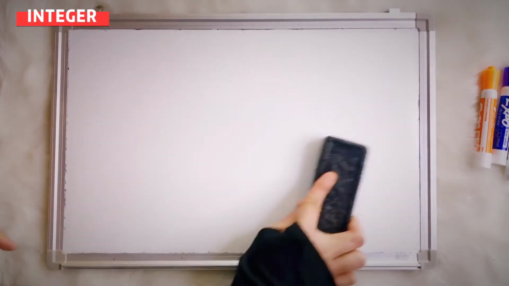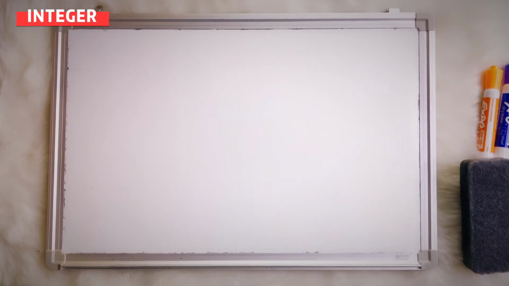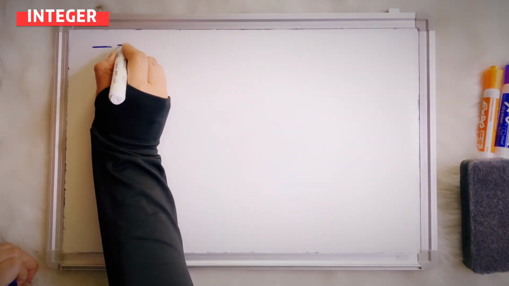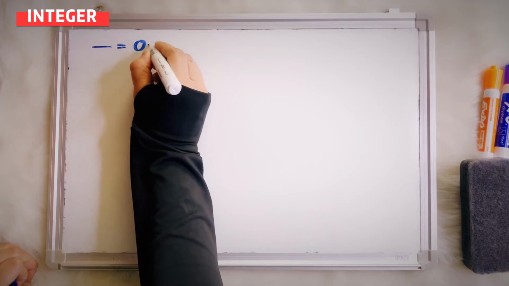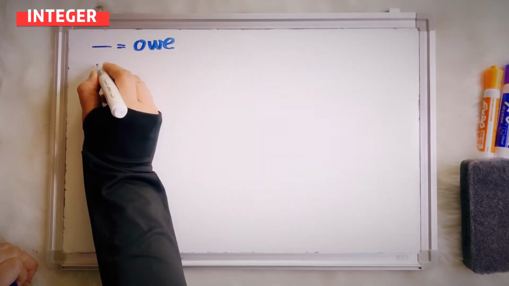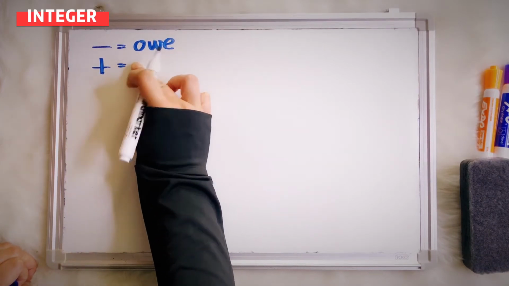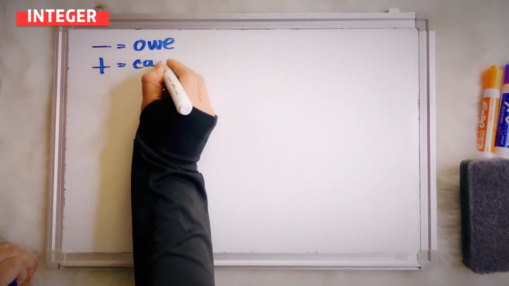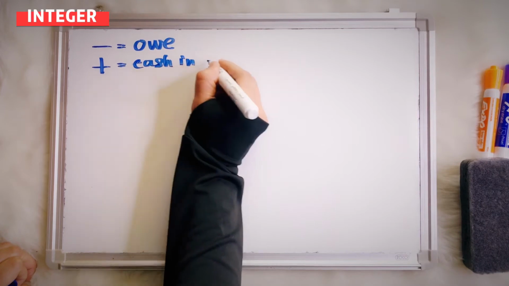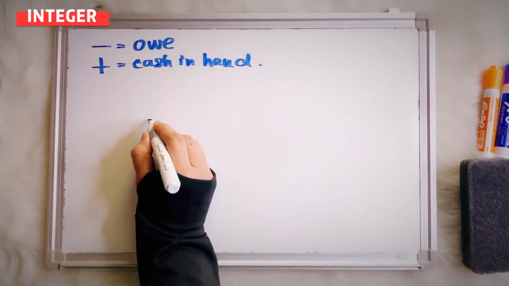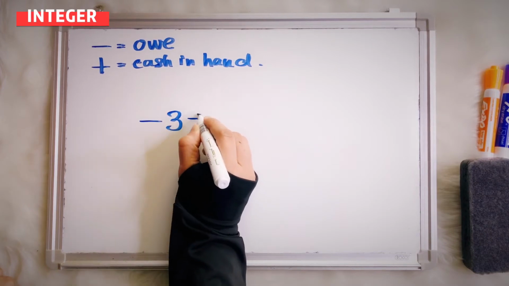Okay, so I like to use a money concept here. If you see the negative sign, that means you owe money. If you see a plus sign, that means you earn, or you can say cash in hand, right? For example, let's say I give you -3 plus 7.